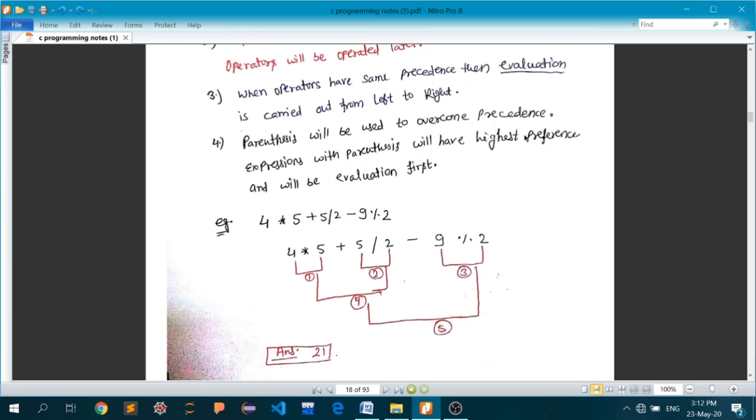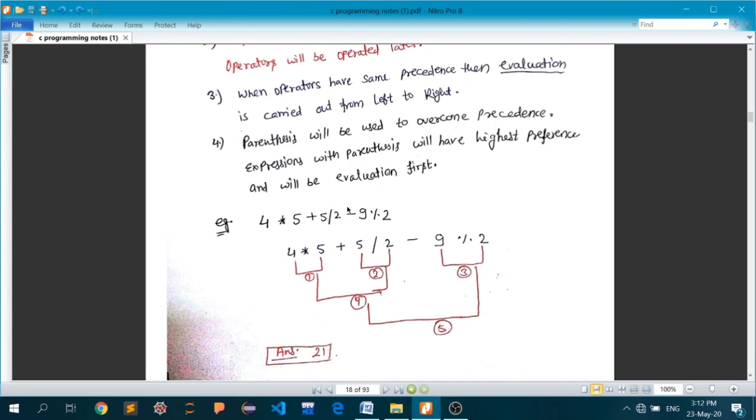Okay, so suppose in this particular line, as you know, multiplication, integer division, and remainder will be taken care of first, rather than this addition and this subtraction, because these three have a higher order of precedence.